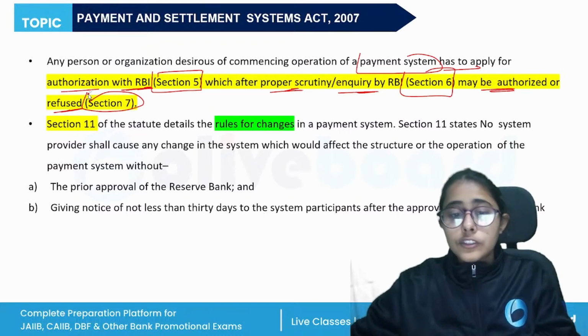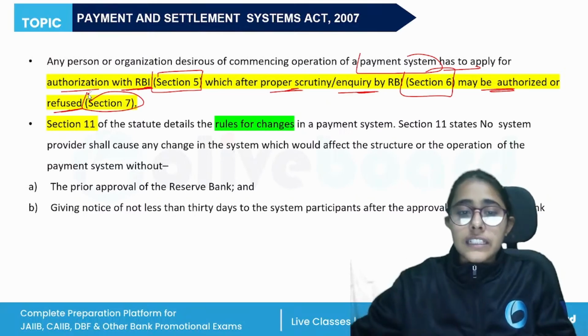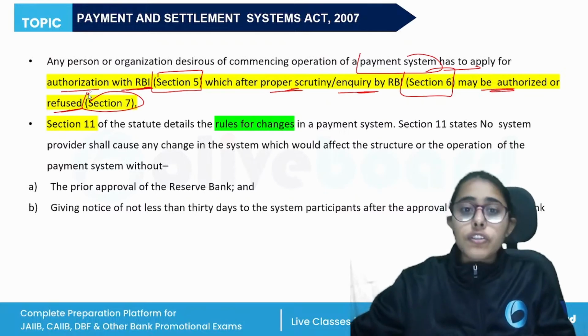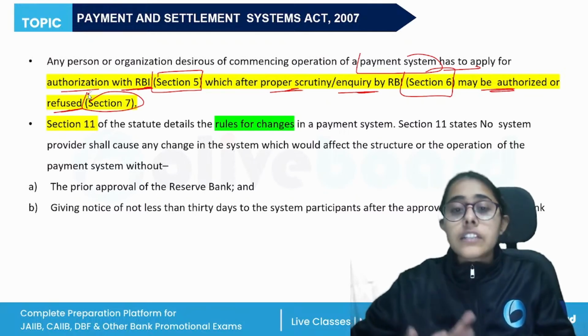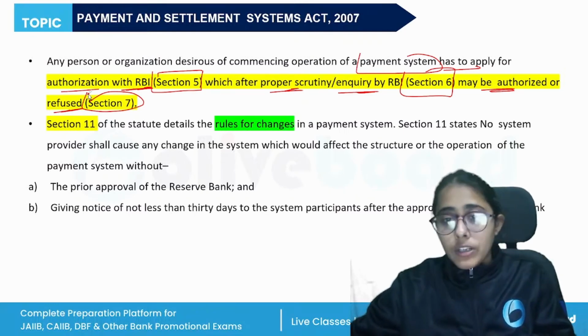So for the scrutiny that we are talking about in section 6, RBI will check various things like the financial status and the technical status required for operating a payment system, the terms and conditions of operation, the manner in which the transfer of funds may be effected, and the monetary and credit policies.